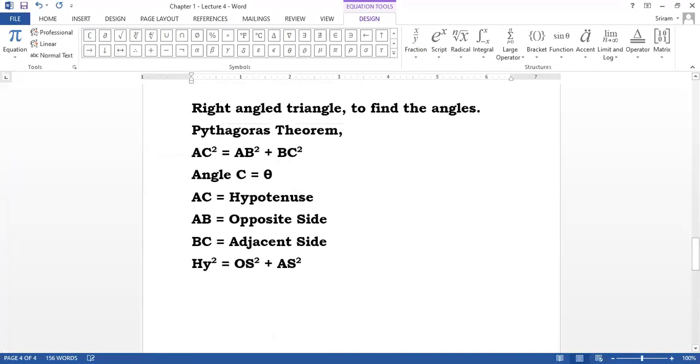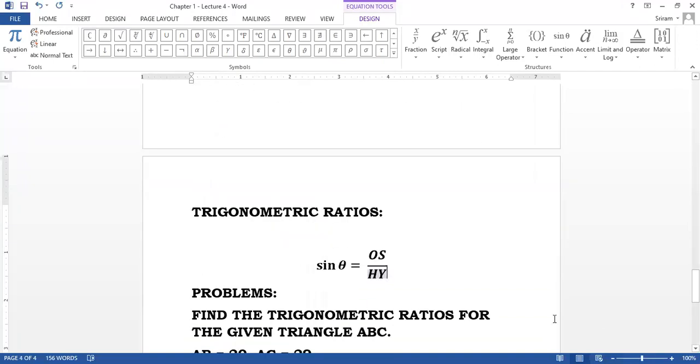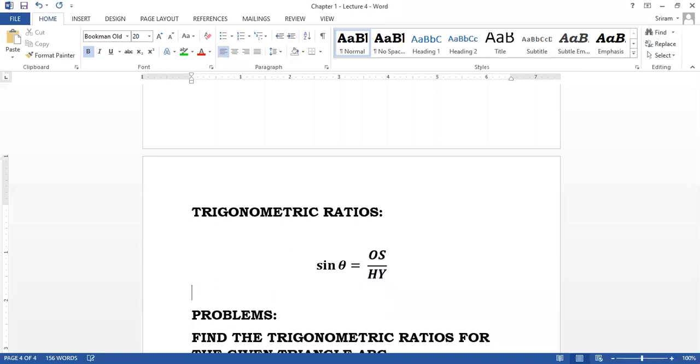When I have a triangle ABC and I want to find the angle theta, we have 6 trigonometrical ratios: sine, cos, tan, cosecant, secant, and cot. The first one, sine theta, is nothing but opposite side by hypotenuse.